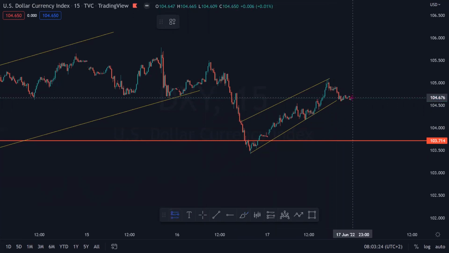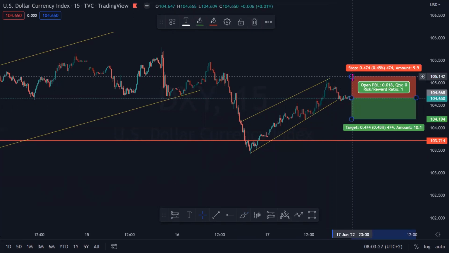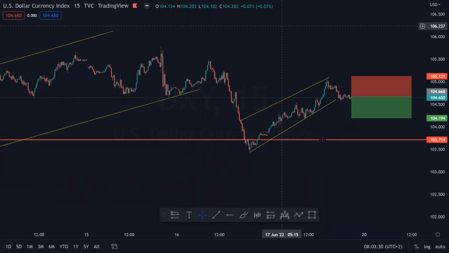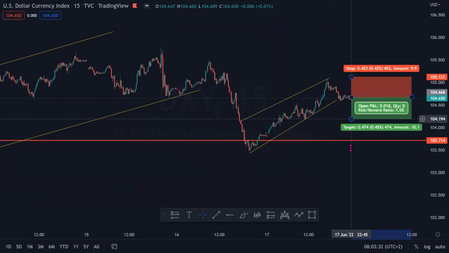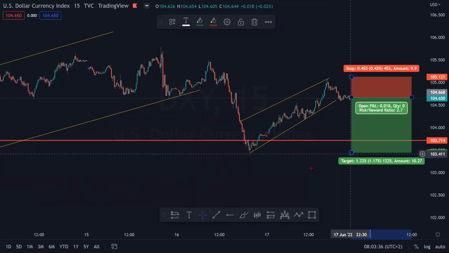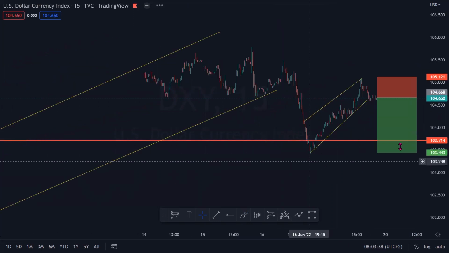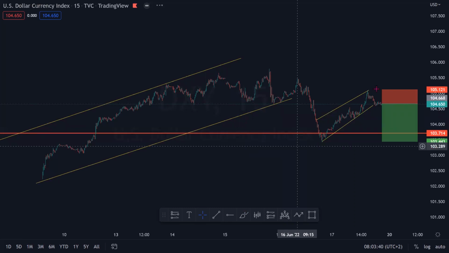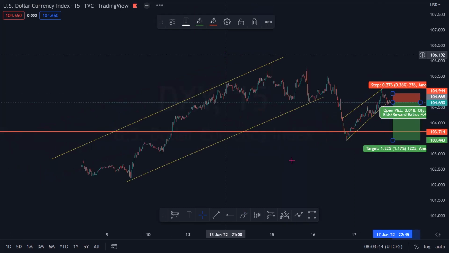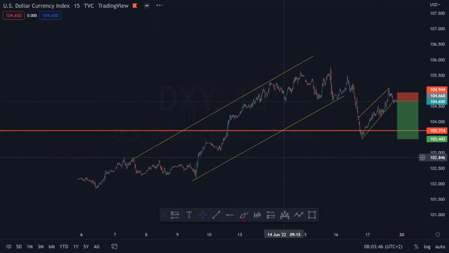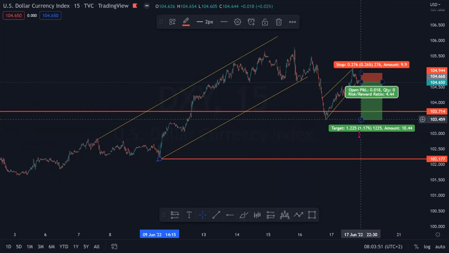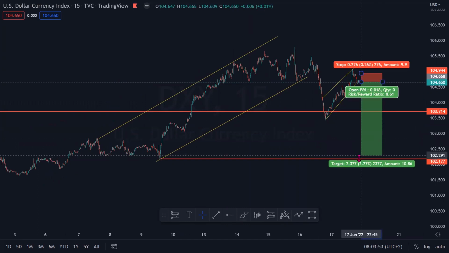This is going to be our first entry. We know the 90% rule of the smaller structure. This is the first take profit, and lastly, this is another take profit of our ascending channel.